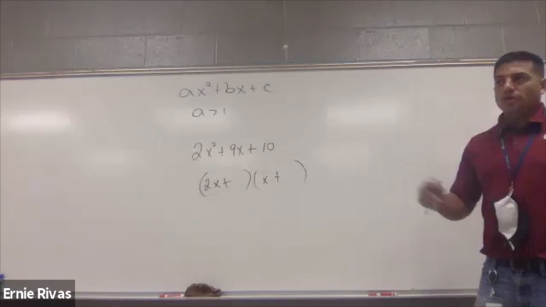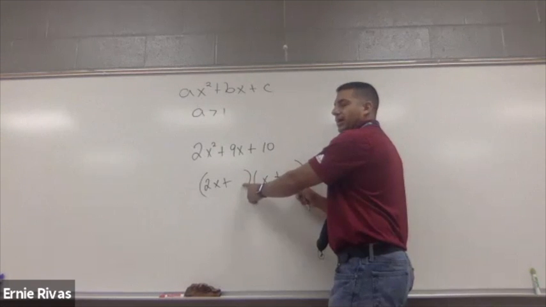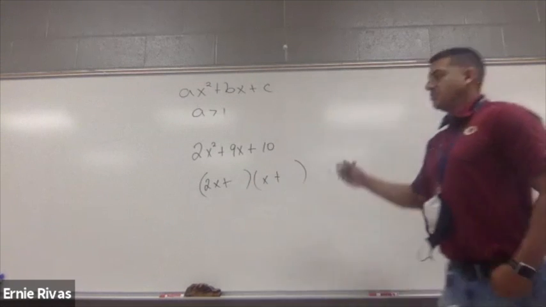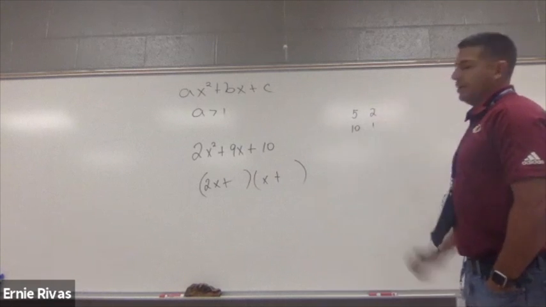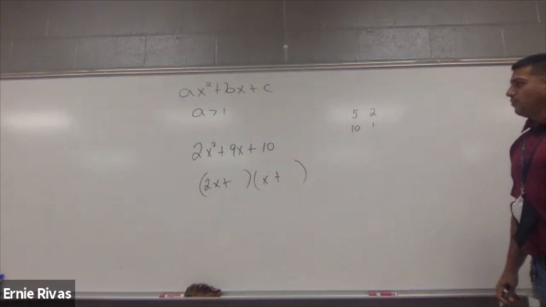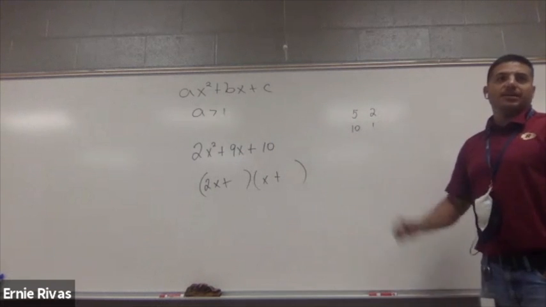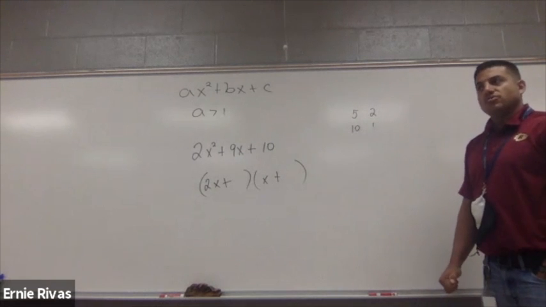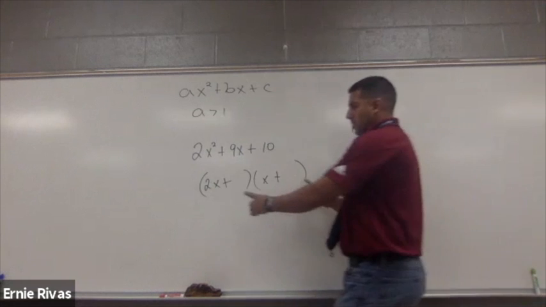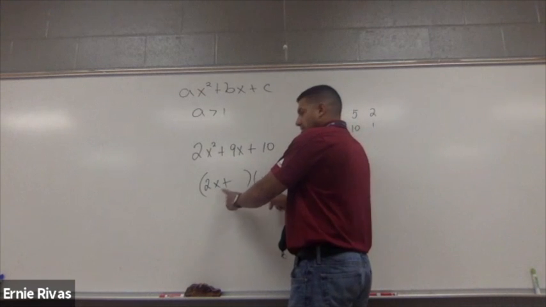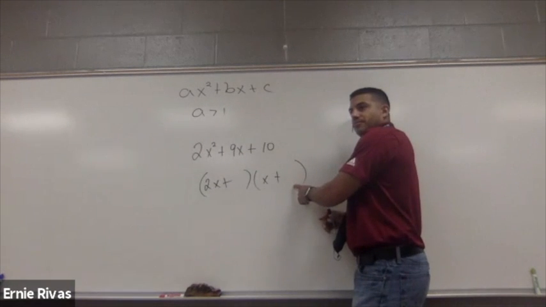Now, what numbers multiply to give us 10? Because somebody has to multiply these two numbers together in that last step for the L and get 10. What are the numbers? 5 and 2 and 10 and 1. Now, what we've done before is say, well, because this is plus, we're going to add together to get 9. Do either one of those numbers add together to give you 9? No. So now what we have to do is we have to think, well, when we multiply outer and inner, isn't somebody going to multiply, or aren't we going to multiply 2 times this number for the outer?